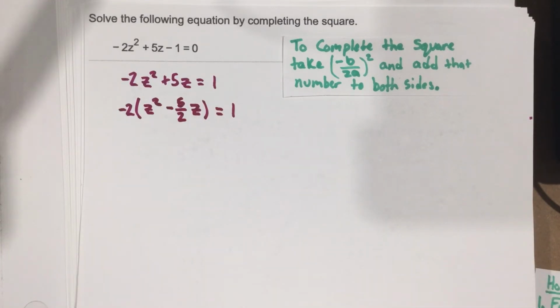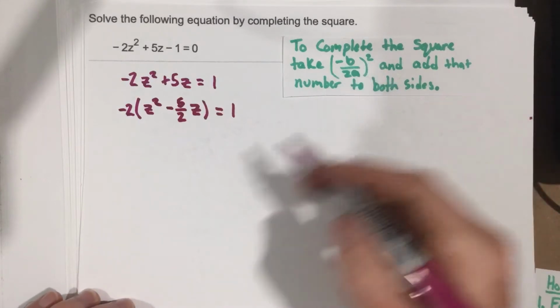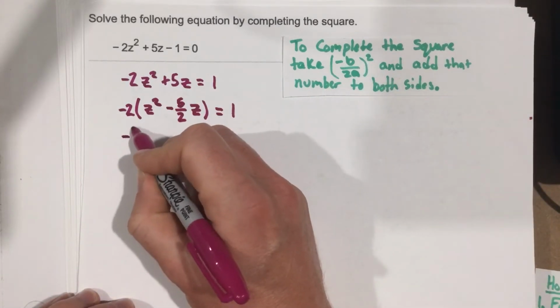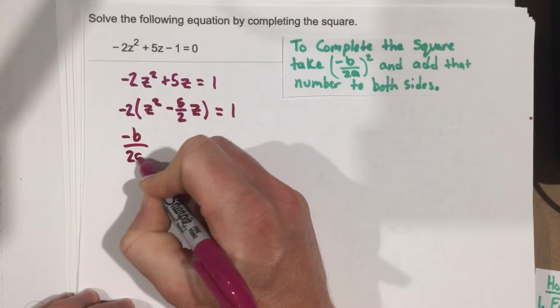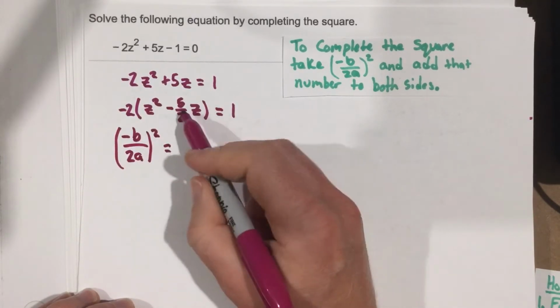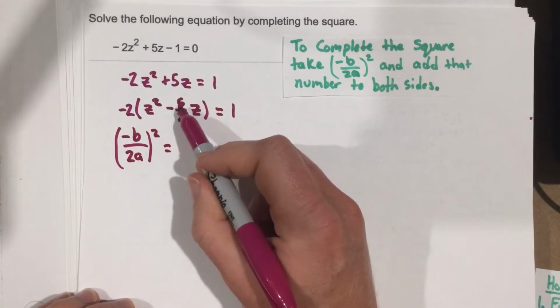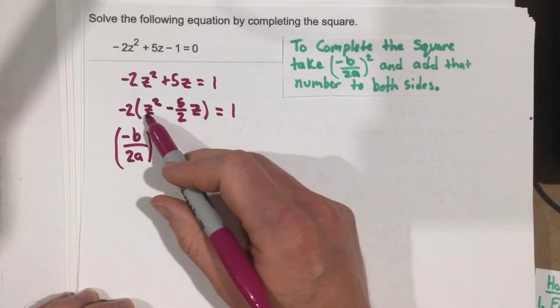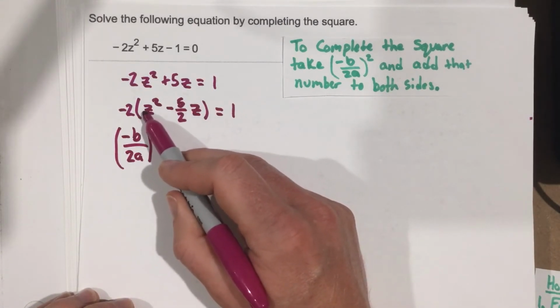Okay, now we're ready to start to complete the square. We're going to use -b over 2a, squared. We're going to use b, which is obviously -5/2, and the a part is 1.